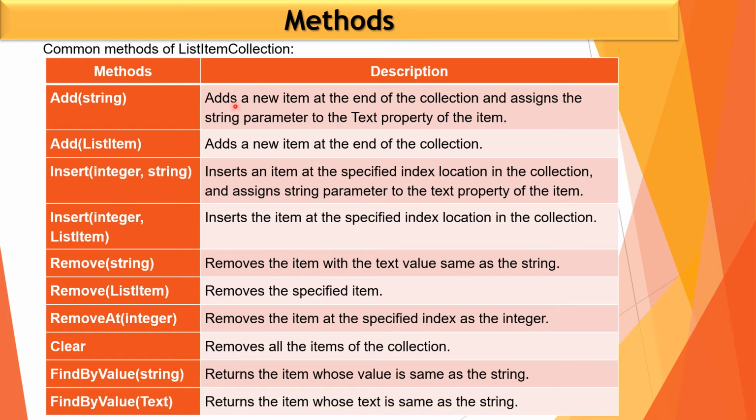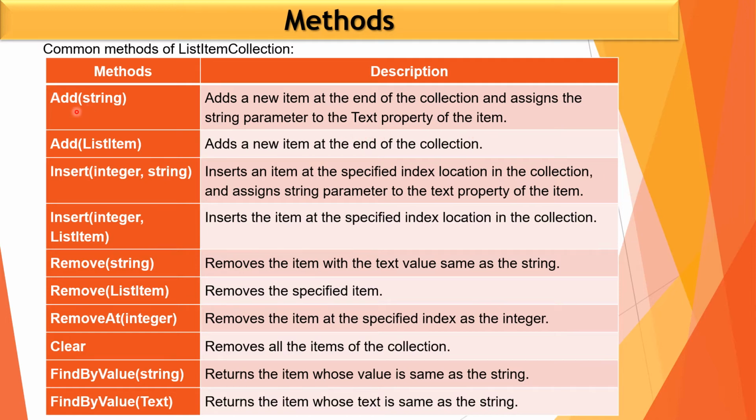Now, what are the methods of the list item collection? Some methods which we are using here. An important method is Add. We can give this Add method a string parameter. This adds a new item at the end of the collection and assigns the string parameter to the text property of the item.